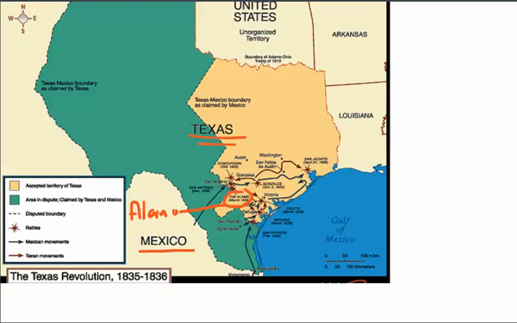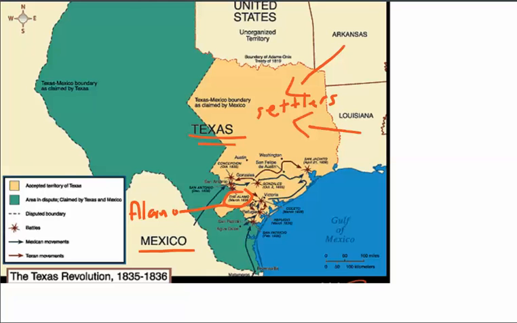So the Mexican government made a fateful decision. They invited American settlers from Arkansas, Louisiana, and anywhere else to come live in Texas. And we took them up on that offer. Thousands of American settlers came to live in Texas.